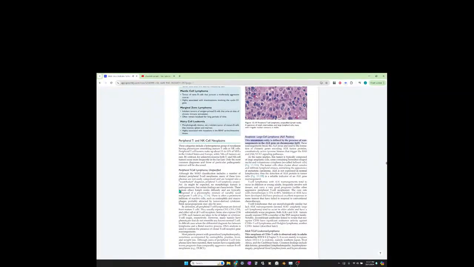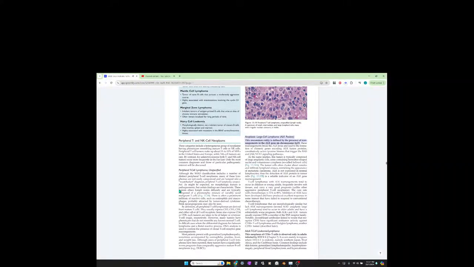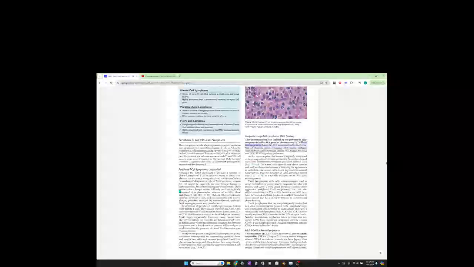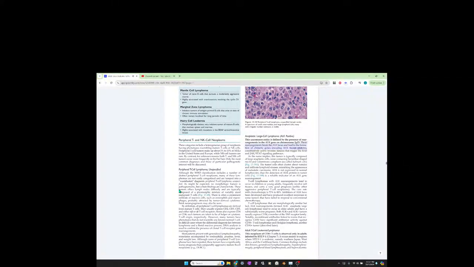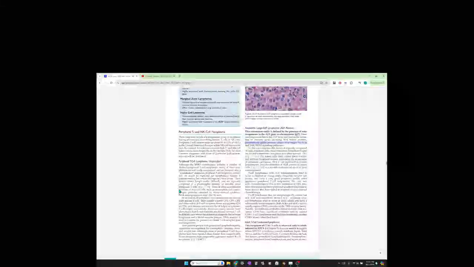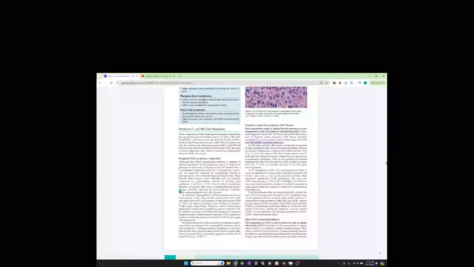This uncommon entity is defined by the presence of rearrangements in the ALK gene on chromosome 2p. These rearrangements break the ALK locus and lead to the formation of chimeric genes encoding ALK fusion proteins, constitutively active tyrosine kinases that trigger the RAS and JAK-STAT signaling pathways.